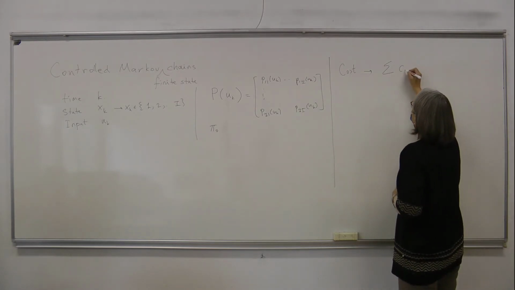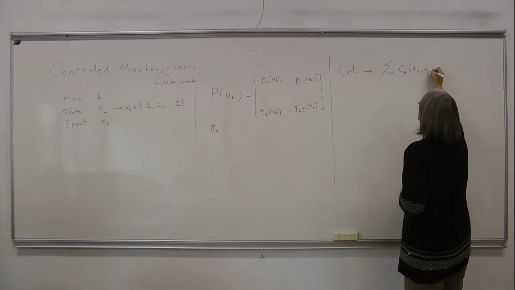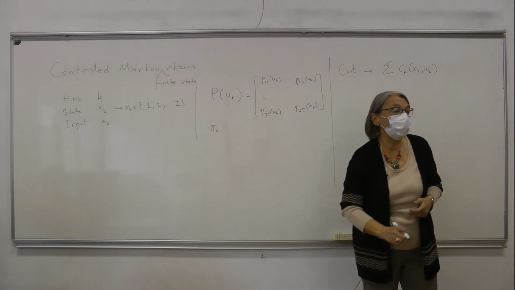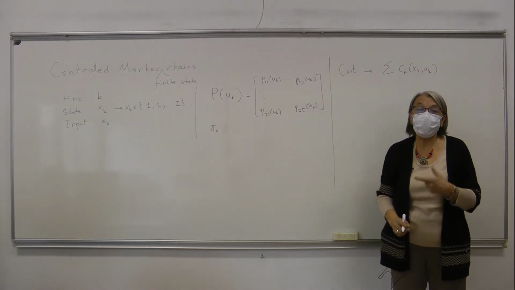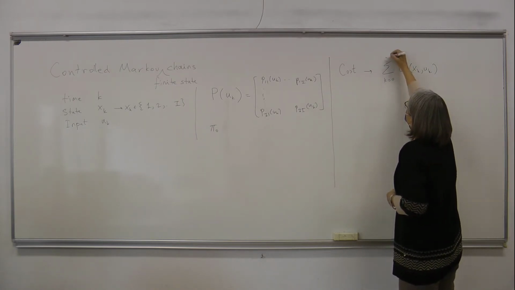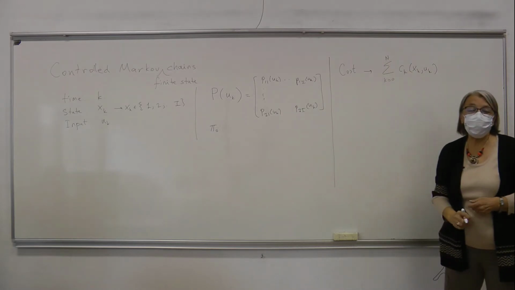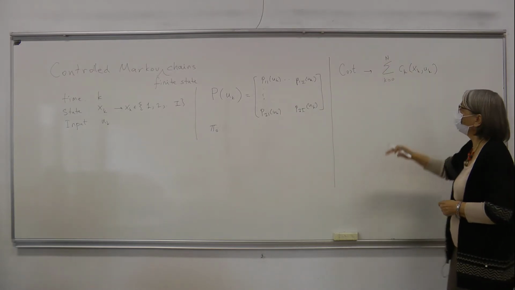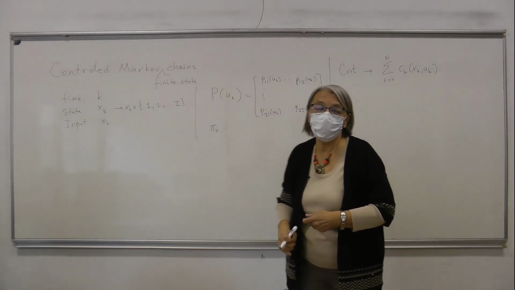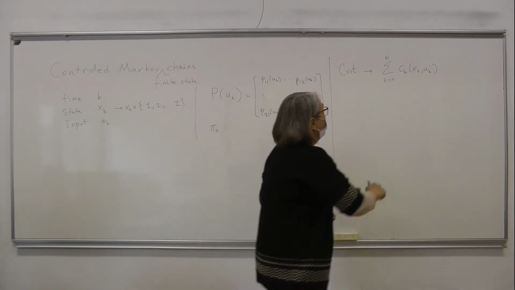The incremental cost is denoted by C sub k of x_k u_k, and we are talking about a finite time horizon, so that k will start from 0 and will go up to n. Okay? So that is the thing that we have to minimize or maximize. In this course, we will minimize this total cost here.